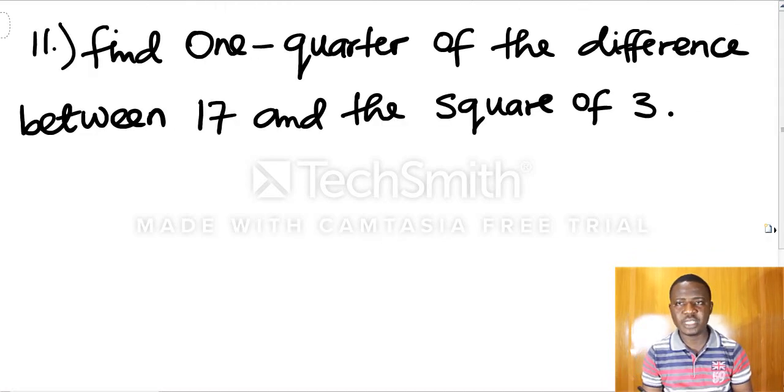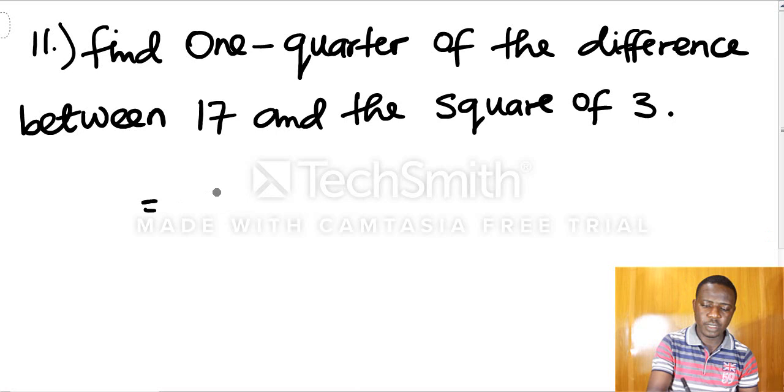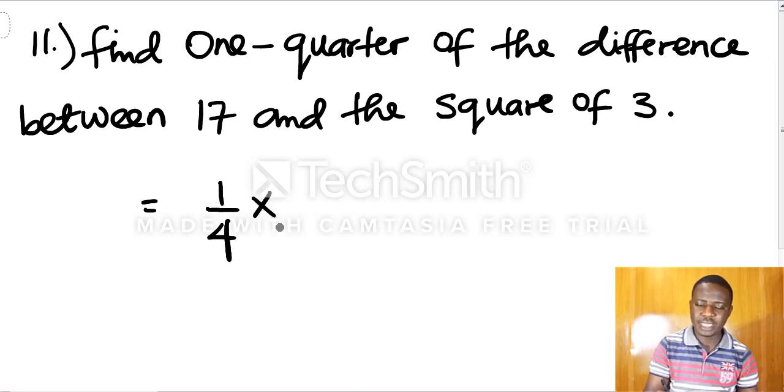Question number 11 says we should find 1/4 of the difference between 17 and the square of 3. This will be 1/4 times the difference between 17 and the square of 3.